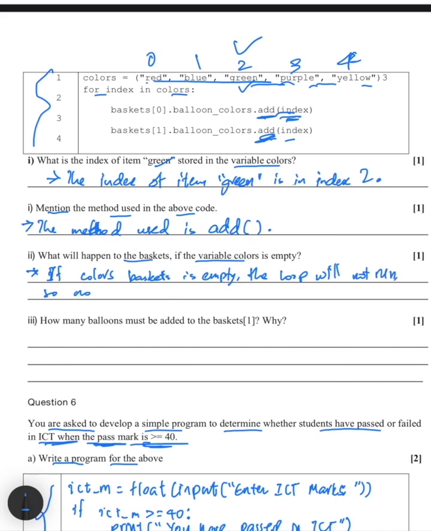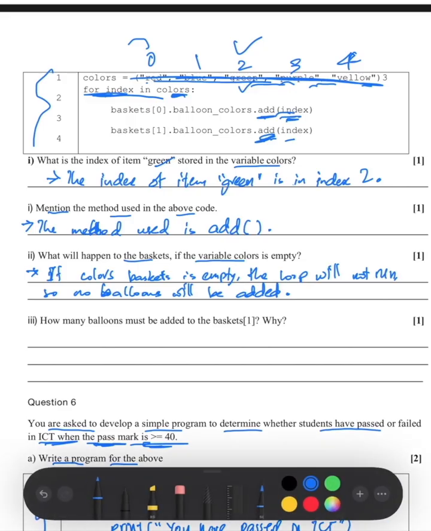So no balloons will be added. If there is nothing in here, since there's nothing to look inside, nothing will happen. So no baskets will get any color. So that's what it means.